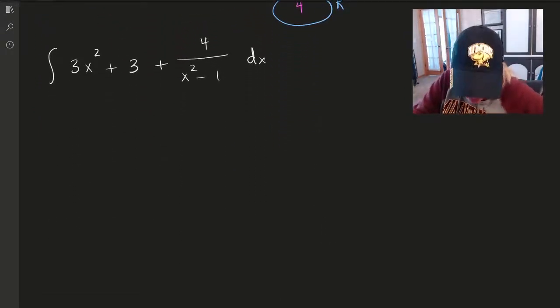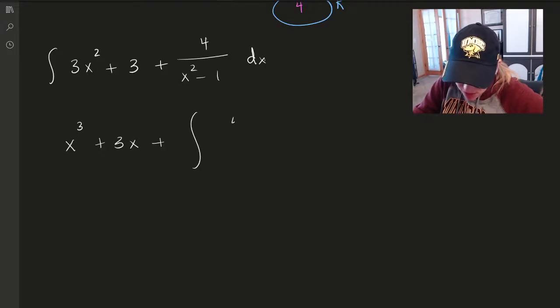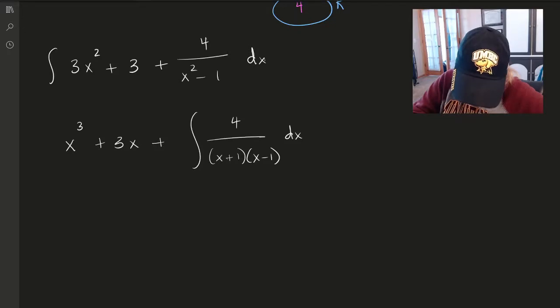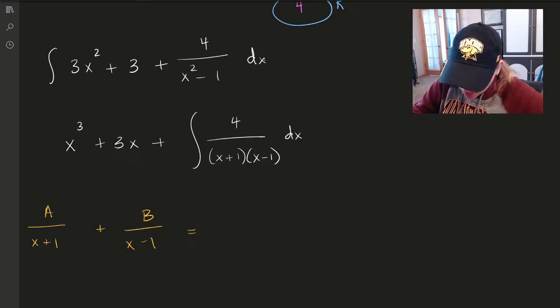Because now I know that when I integrate term by term, this just becomes x cubed, this becomes 3x. And then when I integrate this guy, this is where I'm going to use that partial fraction decomposition. So I'm going to go ahead and factor that denominator and start using my partial fraction. So I know I'm going to have A over x plus 1 plus B over x minus 1 equal to 4 over x squared minus 1.